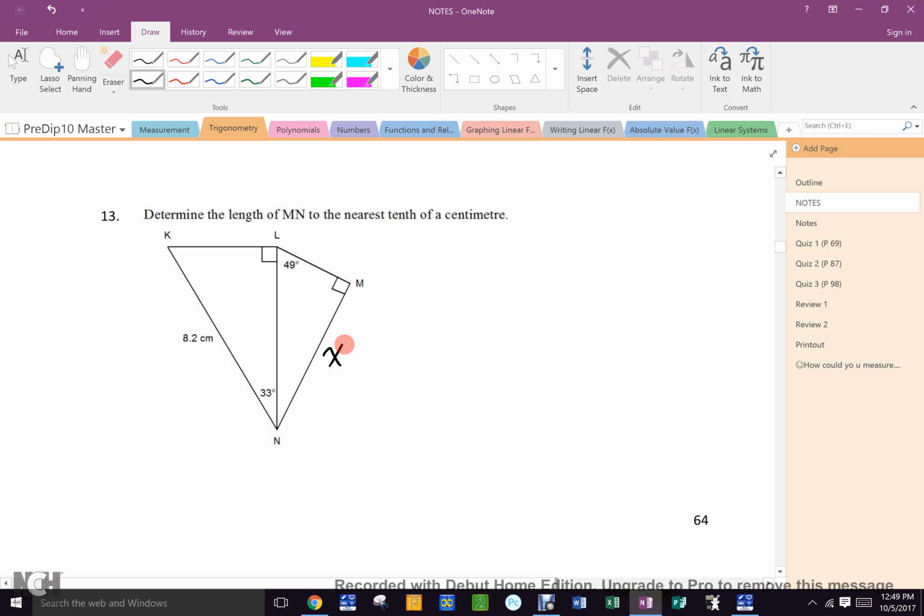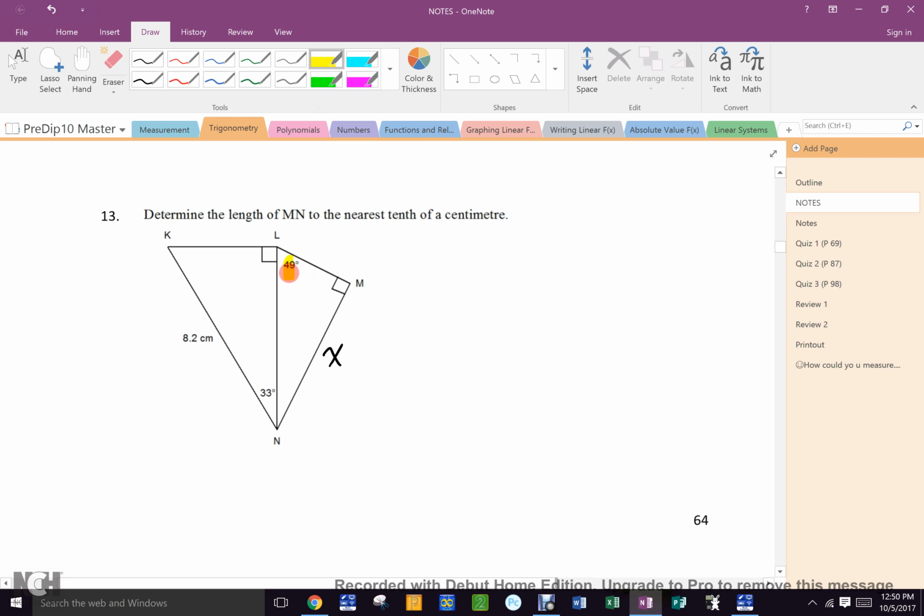So, how many pieces of information do I need in a triangle in order to find unknowns? Two. What two do I need? An angle and a side, or two sides. Two angles does not help you. So if I'm going to find MN, I need two pieces of information in triangle LMN.